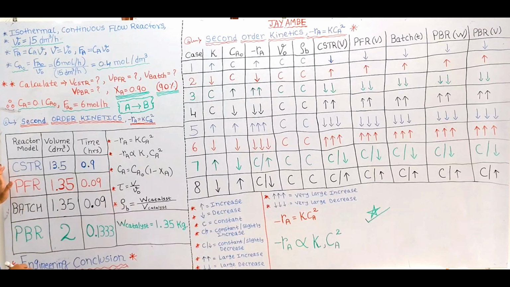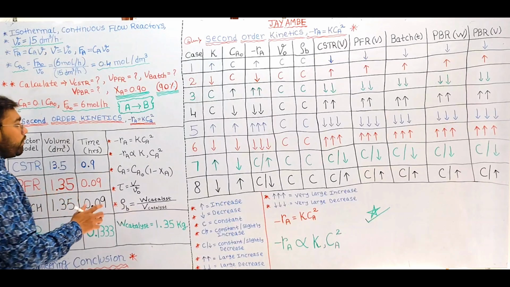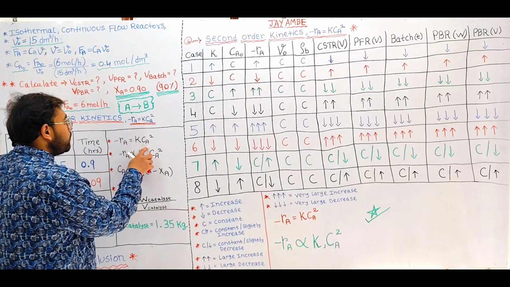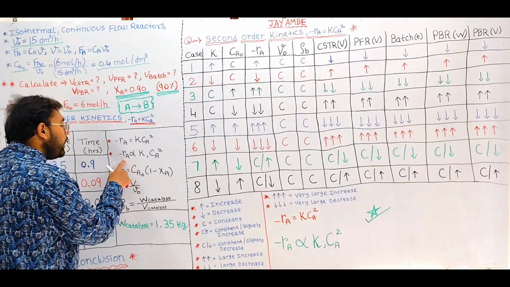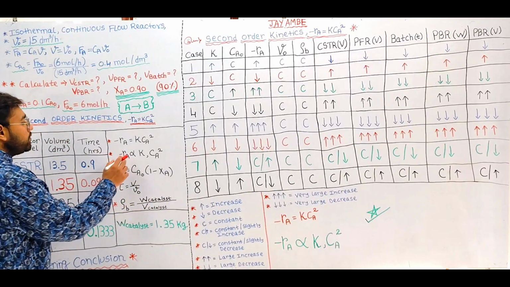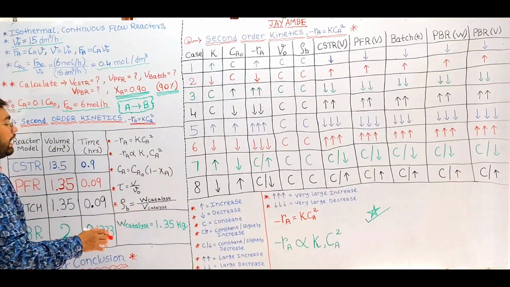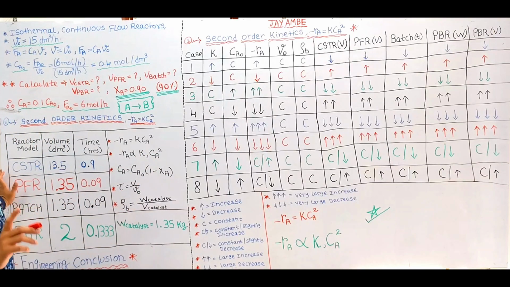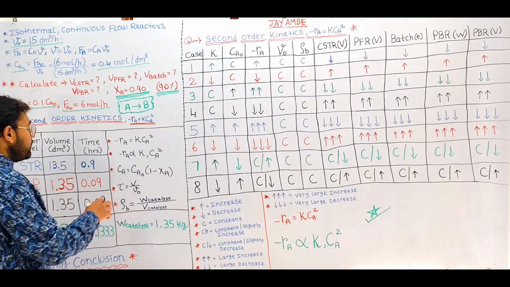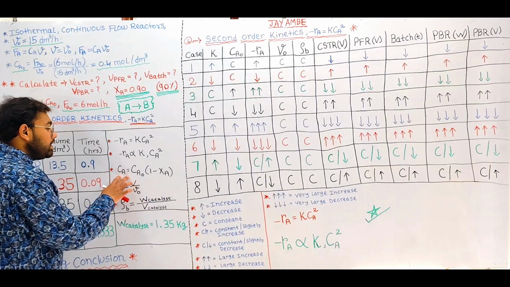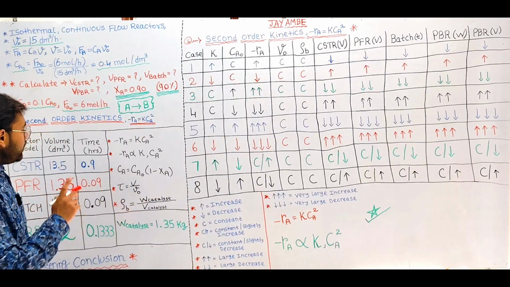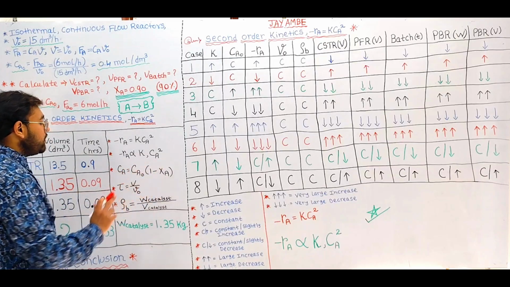I hope you understood. So the reaction follows second order reaction kinetics, where we have the given rate law as -rA = kCA^2, where the reaction rate is proportional to the rate constant k and the concentration CA squared, right? Remember that here we have used the second form of CA, which represents the fundamental relationship and also defines the conversion. So CA is equal to CA0 into (1 - XA).